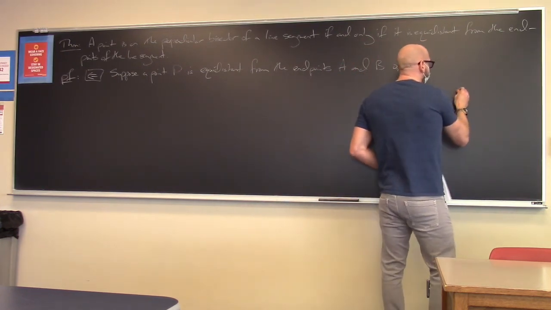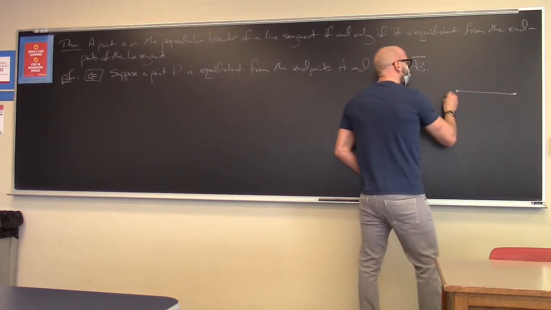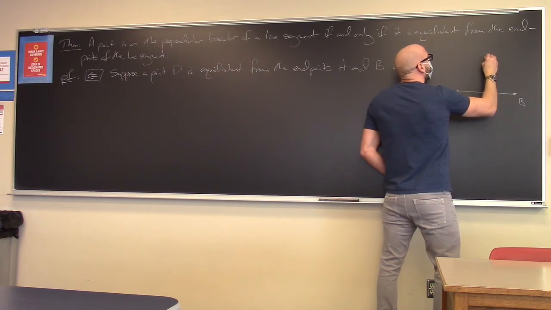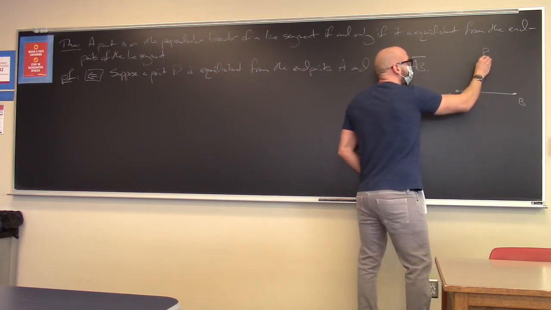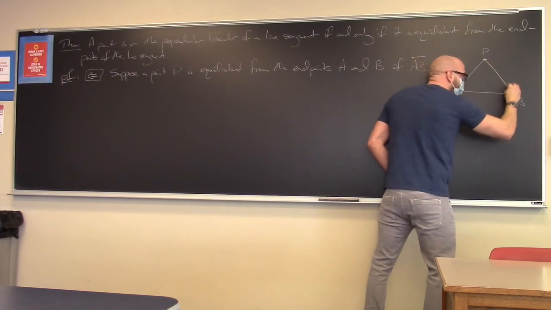All right, so we'll draw a picture here. We've got our line segment, AB, and I've got a point P that's equidistant from both of them. So that means that line segment AP is congruent to line segment BP.